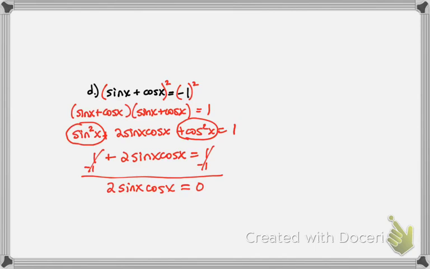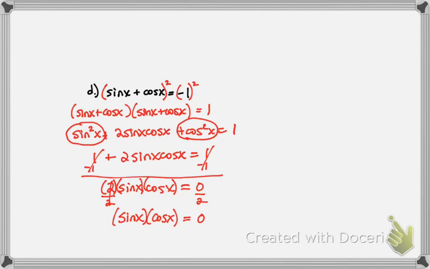This is already factored. If we put the 2 in parentheses, the sine of x in parentheses, and the cosine of x in parentheses, I have 3 different terms. Dividing both sides by 2 will cancel that 2 out. So now I have sine of x as a factor times cosine of x as a factor equals 0.